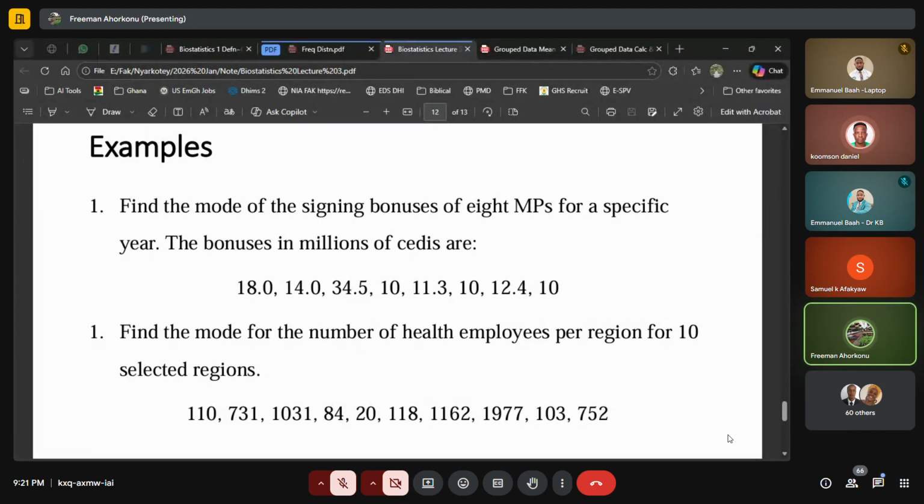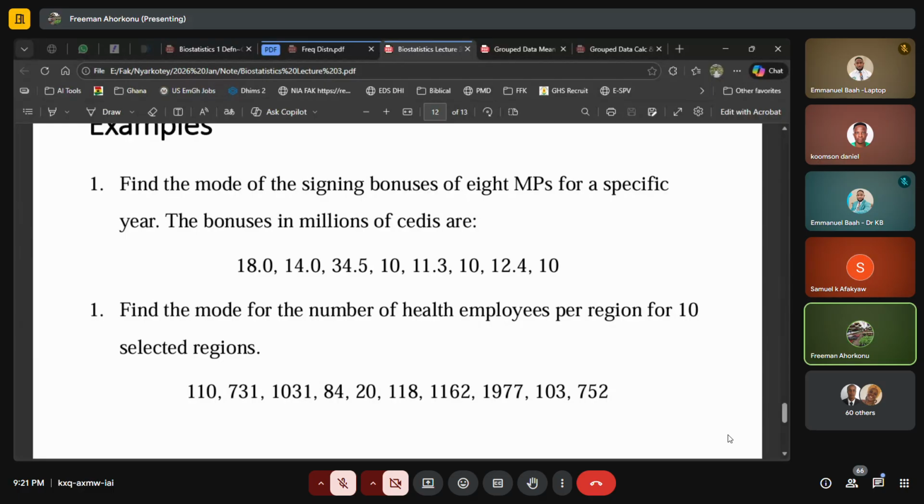Even if all the numbers occur two times, or they all occur three times, four times, because they all occur the same number of times, there is no mode. But if one, two, three or more of them occur higher than the rest, then we watch out for the one that occurs most.